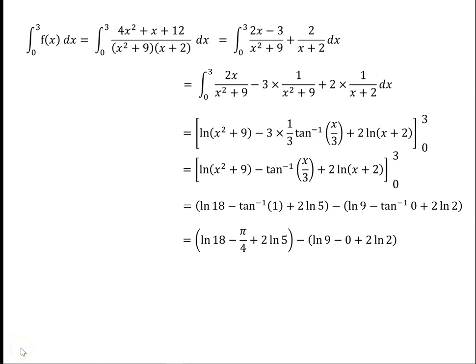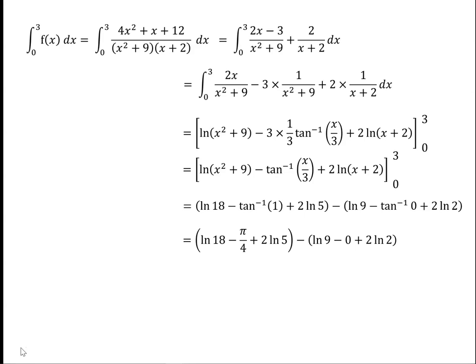Using the laws of logarithms, for the first bracket, 2 logarithm 5 is the same thing as the logarithm of 5 squared, in other words the logarithm of 25. The logarithm of 18 plus the logarithm of 25 is the logarithm of 18 times 25, which is the logarithm of 450.